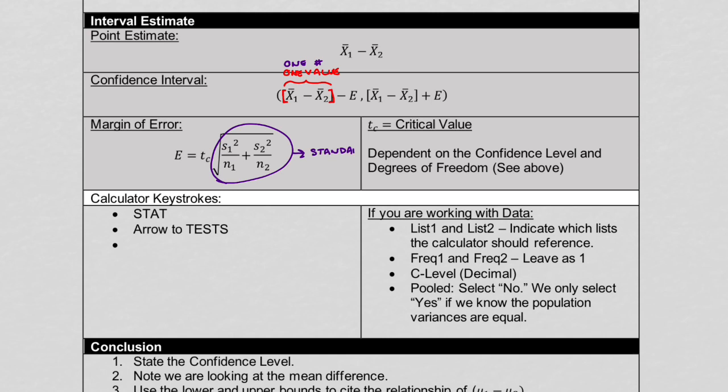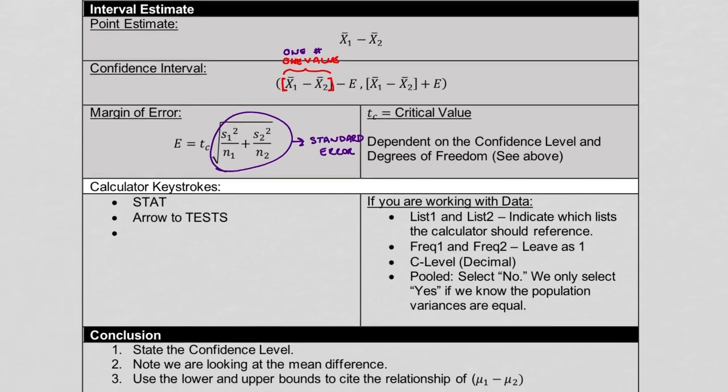And that also came from your hypothesis testing notes. How do you find your critical t-value? This is going to be dependent on what confidence level we are deciding to work with, as well as the degrees of freedom. And remember, if you don't know how to calculate those degrees of freedom, or you're really itching to calculate them on your own, please go back to the hypothesis testing video.